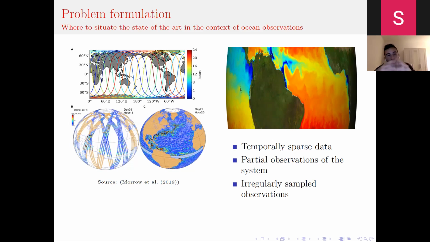Another issue is that the ocean surface observations are irregularly sampled in space and time, which makes necessary the development of new kinds of interpolation techniques, or more generally data assimilation techniques, that can help in unfolding higher resolution reconstruction out of the irregularly sampled observations.